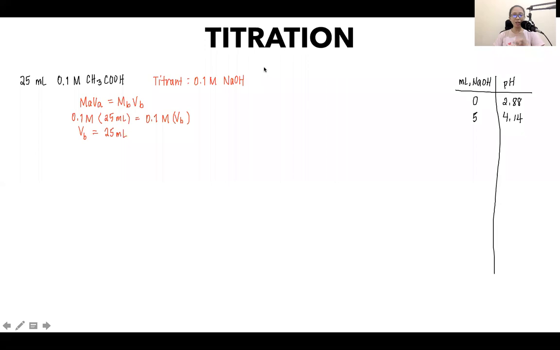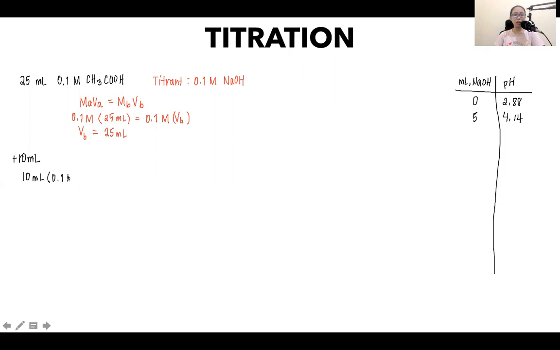Now let's take a few more points before computing for the pH at the equivalence point. So let's say we have added a total of 10 ml of our titrant. Okay, so it's the same process. We multiply the volume by the concentration of our titrant.